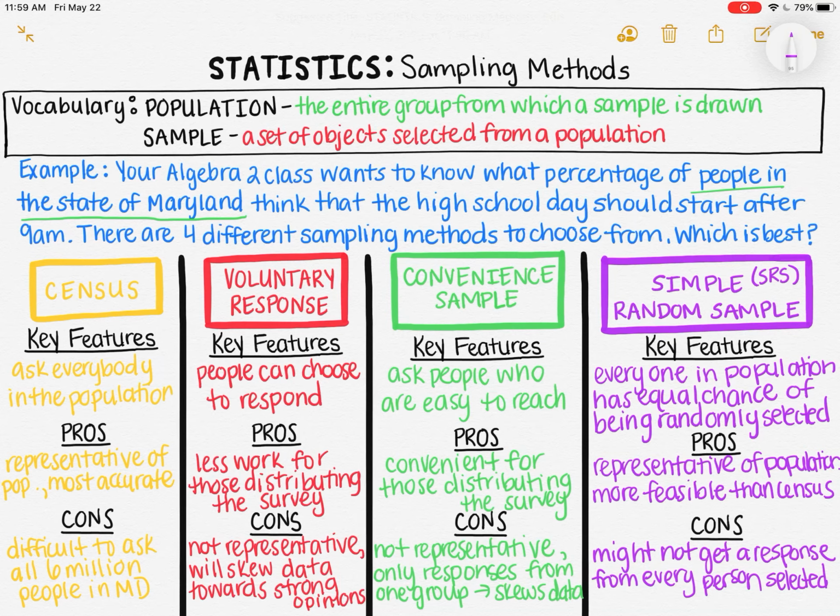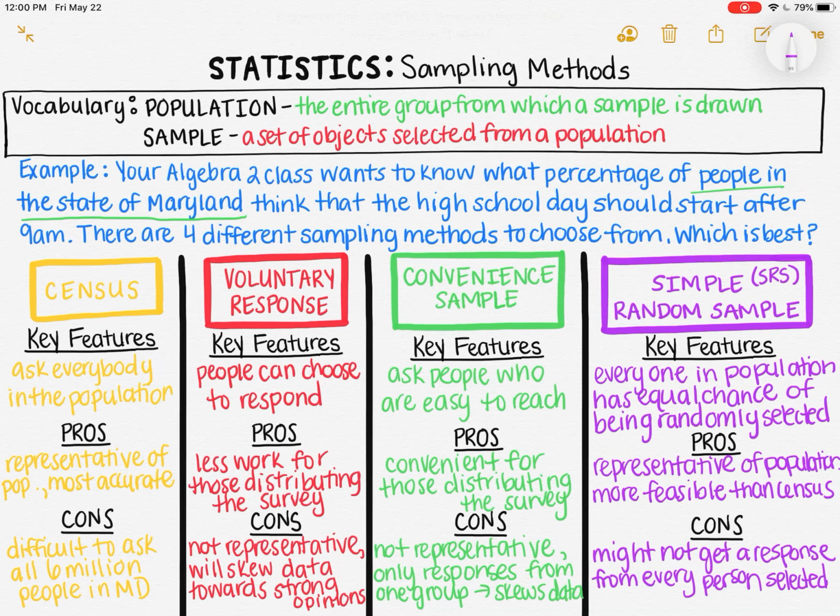That would be ideal. But of course, in your Algebra 2 class, you might not have time to do all of that. So it's okay if you do a voluntary response or convenience sample. You just have to be aware of how the data will likely be skewed based on the people who are actually responding to your survey.